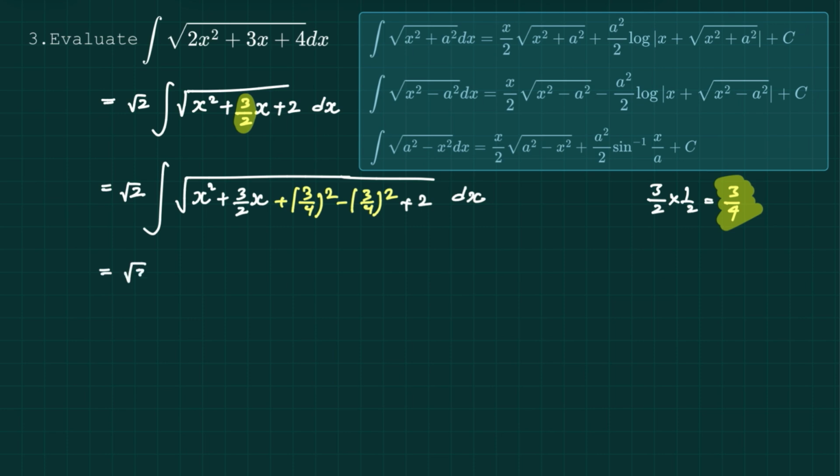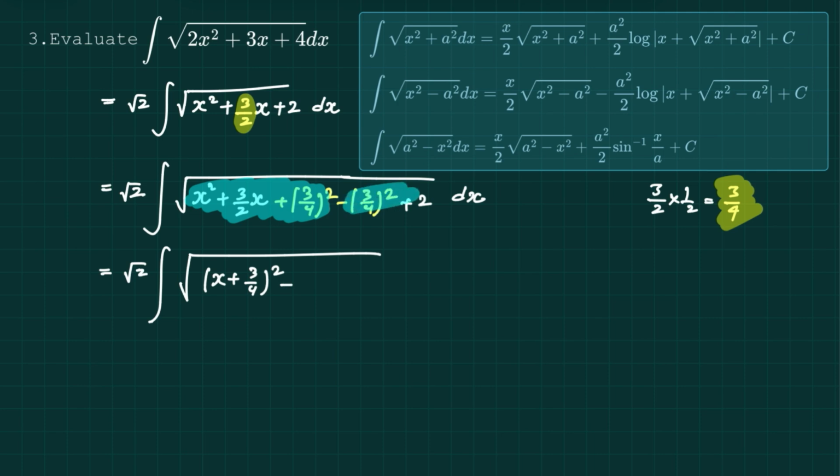Equals square root of 2 integration of, this everything is x plus 3 by 4 whole square, minus, and simplifying these two terms we will have plus 23 by 16.